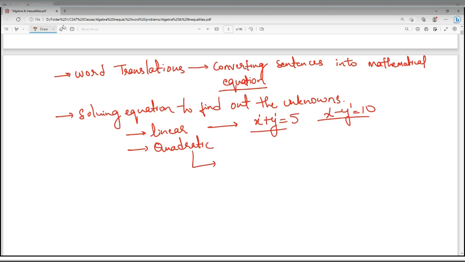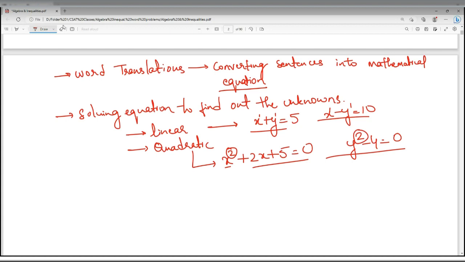And what is a quadratic equation? If you have squares here, x square plus 2x plus 5 is equal to 0, or y square minus 4 is equal to 0. These types of equations, where the highest power to which a variable is raised is 2, are quadratic equations.